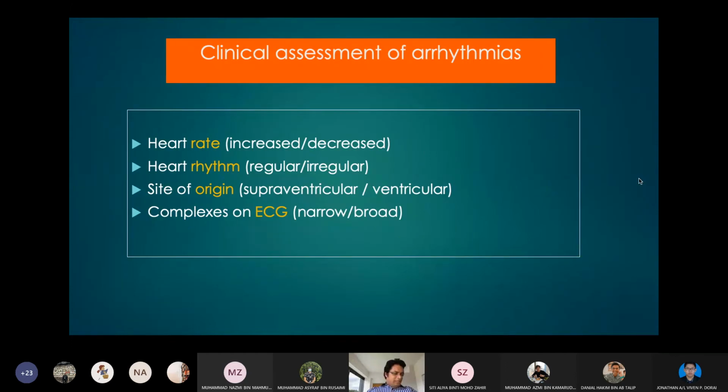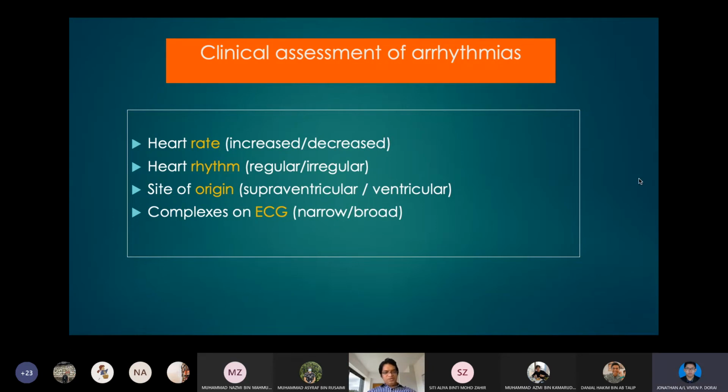So normally in a pulse, what are the things you should check? Rate, rhythm, character, volume.